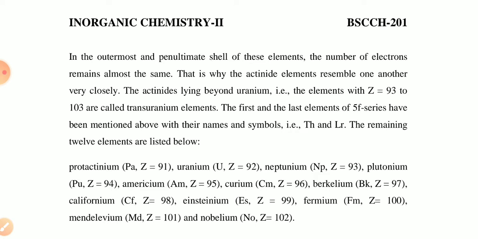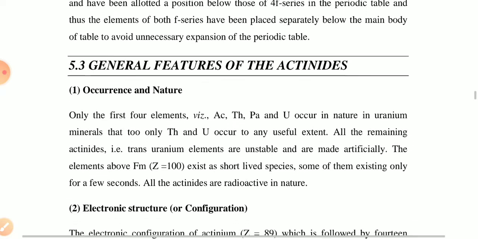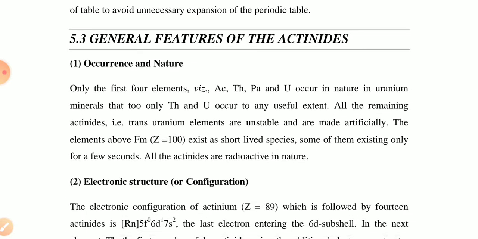The first and the last element of the 5f series have been mentioned above, from thorium to lawrencium. In terms of occurrence, thorium and uranium occur in nature and have useful extraction. All the remaining actinides, the transuranium elements, are unstable and made artificially, so they are the artificial elements.